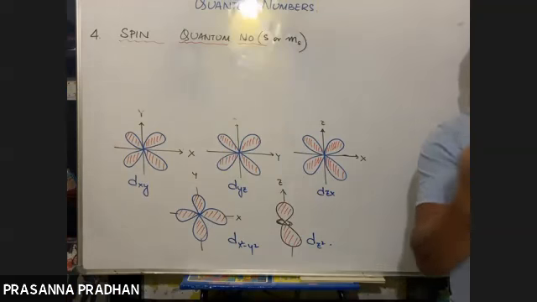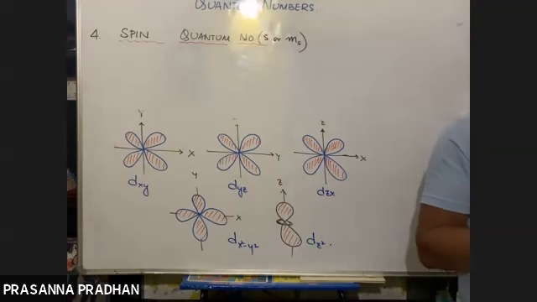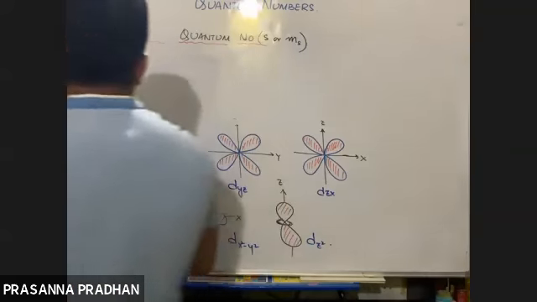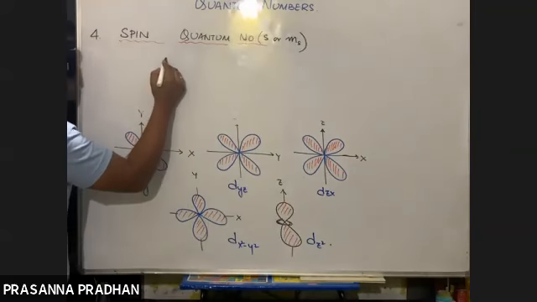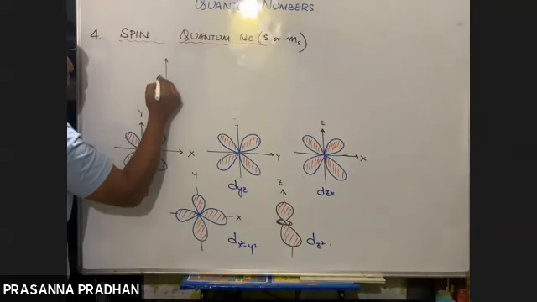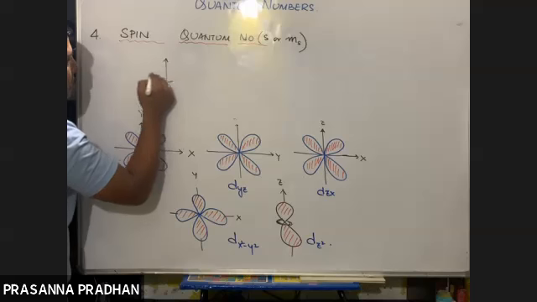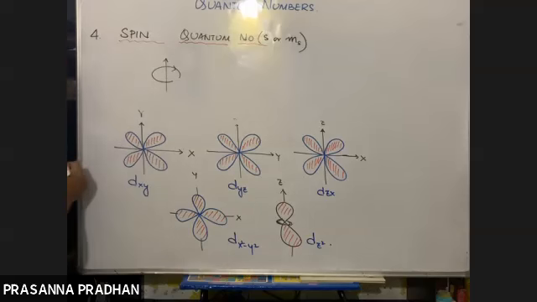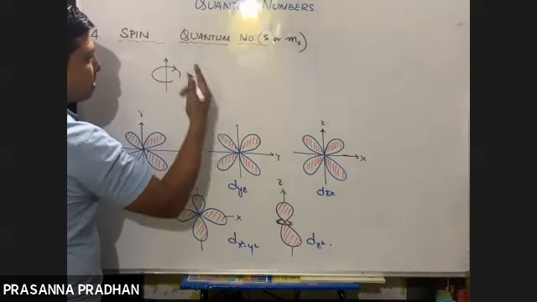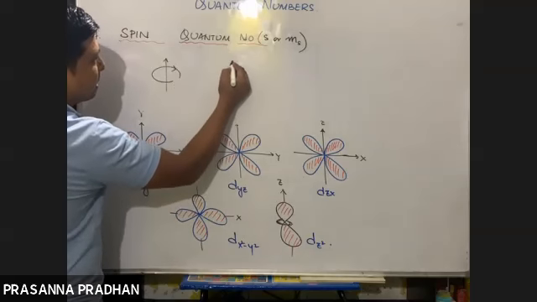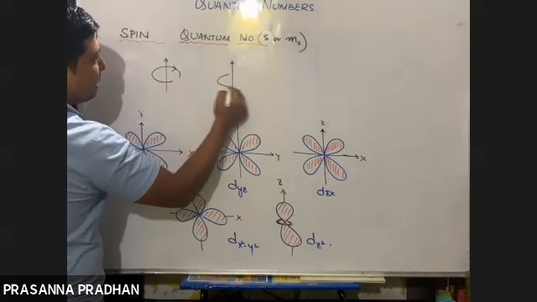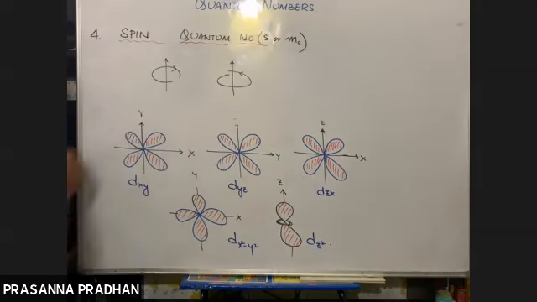Depending upon the nature of rotation around its own axis, it can rotate in a clockwise manner like this, or it can also rotate in an anti-clockwise manner.